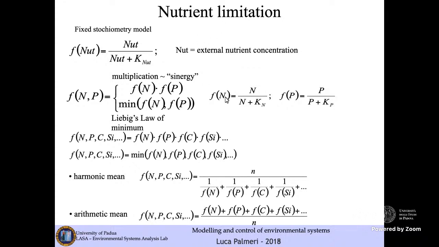Or this way of evaluating the total effect of multiple limiting factors are, in one case, we are overestimating the limiting function that has displayed the minimum value.